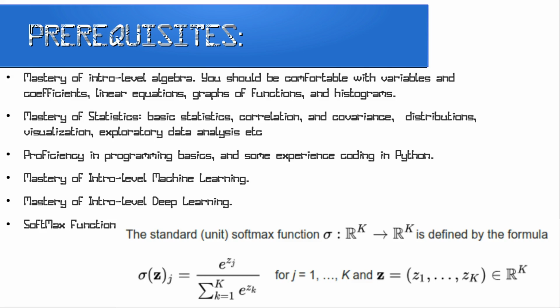Secondly, machine learning developers should be aware of linear algebra, real analysis, differential calculus. So a developer should have mastery over topics of statistics like basic statistics, correlation and covariance, exploratory data analysis. Also, he should have a good grasp of the most important modeling and prediction techniques, along with relevant applications.